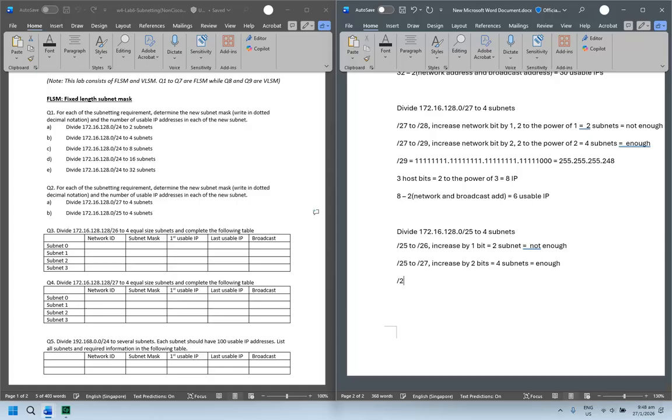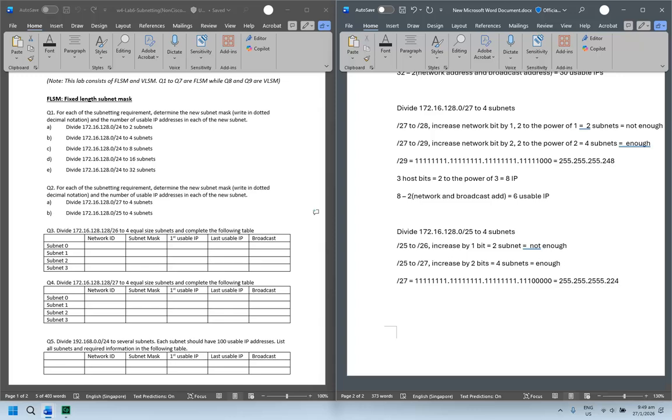So same thing now, /27 will be equal to 8 ones, 8 ones, 8 ones, and 3 ones followed by 5 zeros. So the decimal notation will be 255.255.255.224.